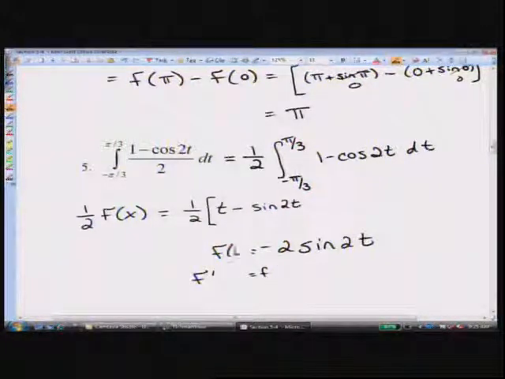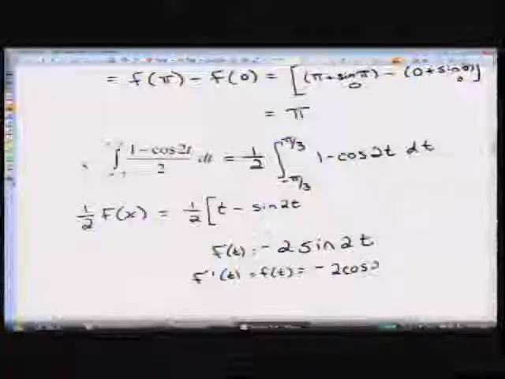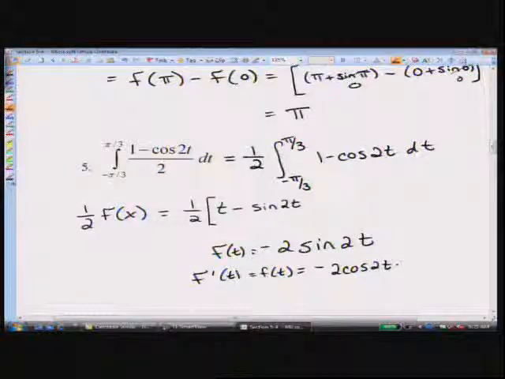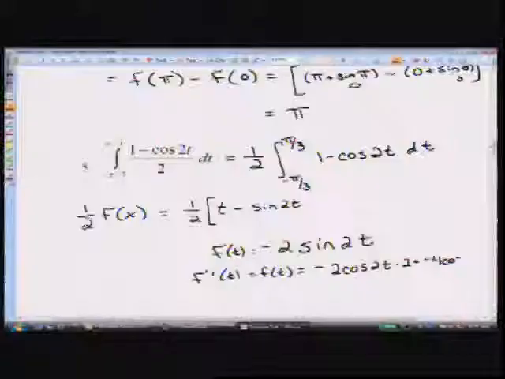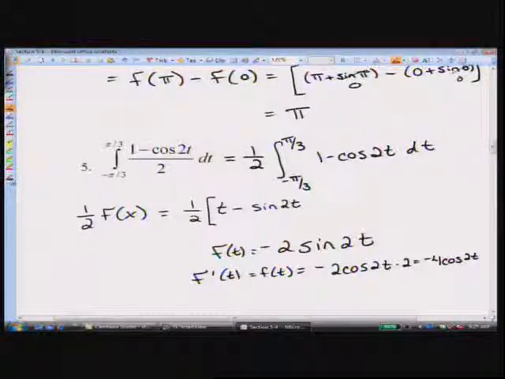What will the derivative of that function be? You can do it. You're good. I've seen hundreds on derivatives. Tell me what the derivative of this function is. Negative 2 cosine 2t. And then don't forget your chain rule. Times 2. Okay, so -4 cosine 2t, right?